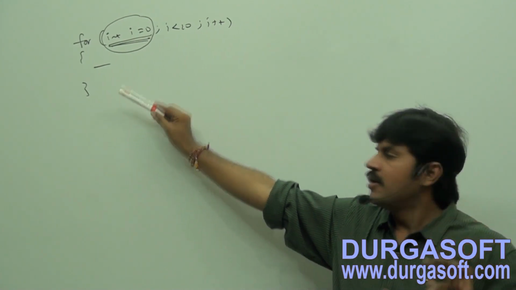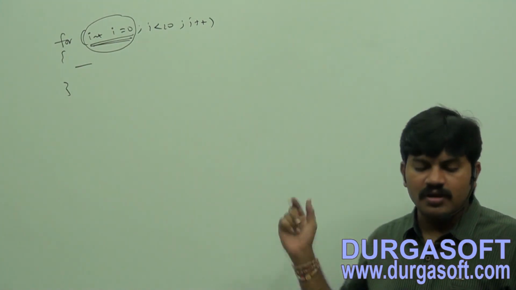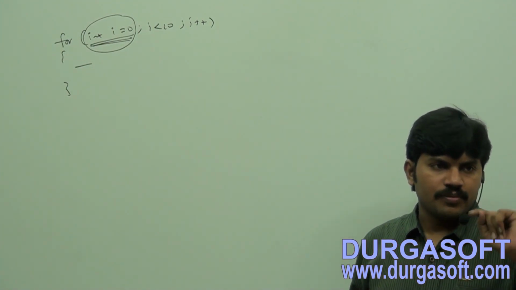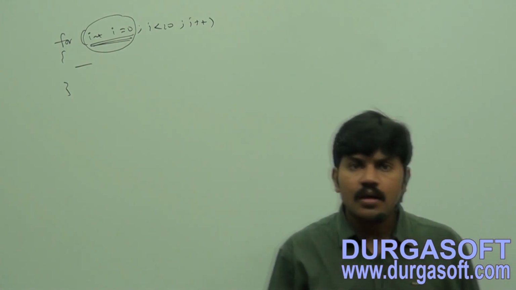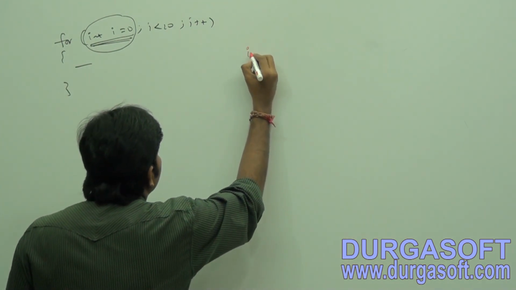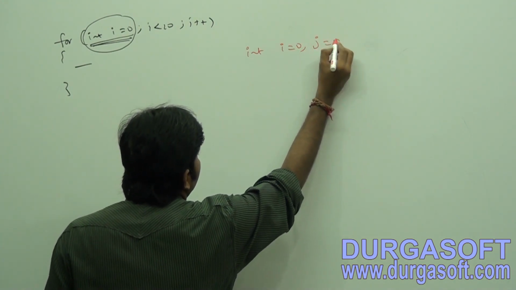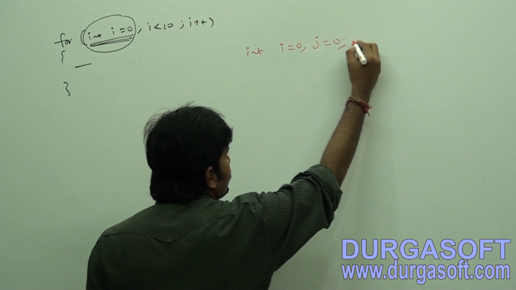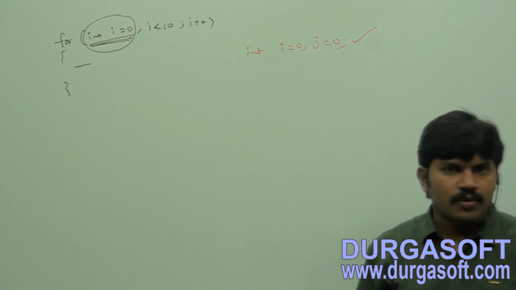To execute a for loop, one counter variable is required, and you can declare this counter variable here. Now how many variables did we declare here? Only one variable. Can I declare multiple variables or not? Yes. Here, see, int i = 0, j = 0. Valid or not? Yes, valid. We can declare multiple variables, no problem at all.